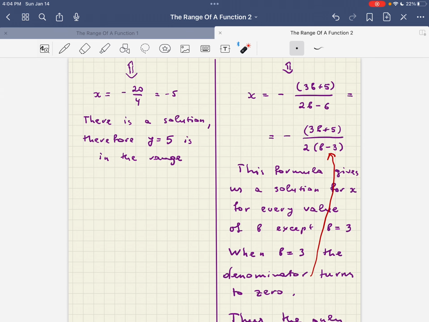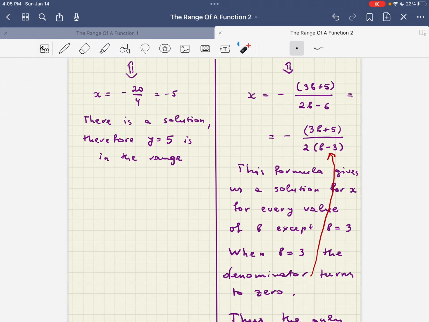We get a numerator and a denominator, and if b is not equal to 3, this denominator is not equal to 0, and we can divide to obtain an x value. So for all values of b except 3, we find an x value, and therefore all values of b except 3 are in the range of this function.